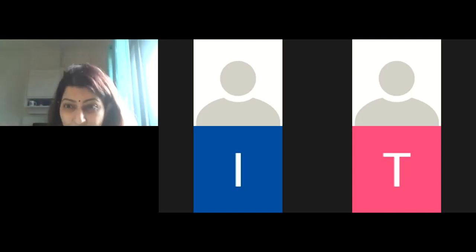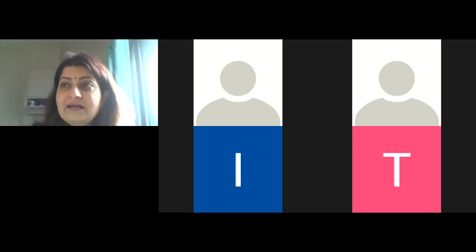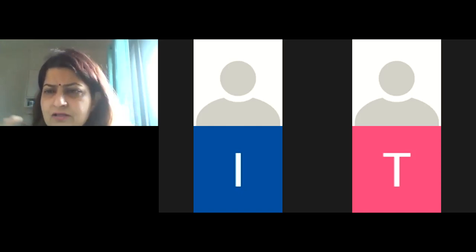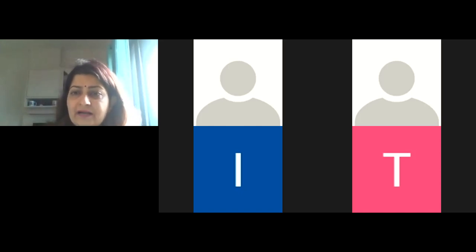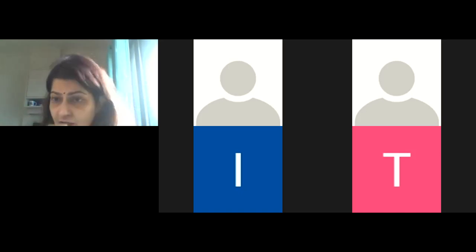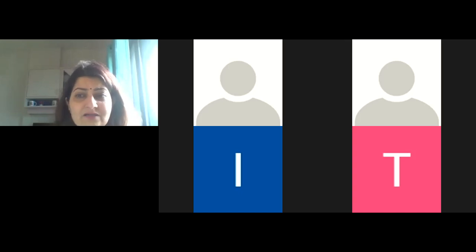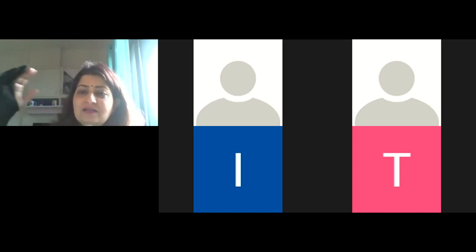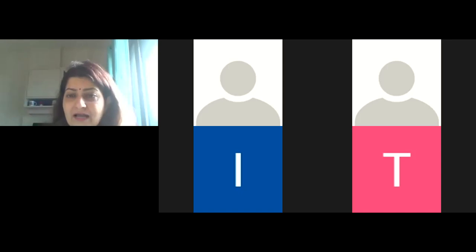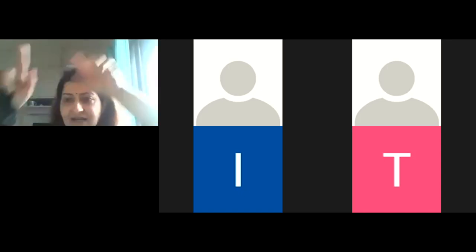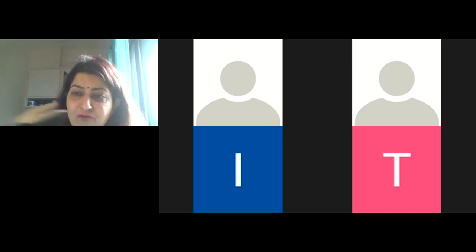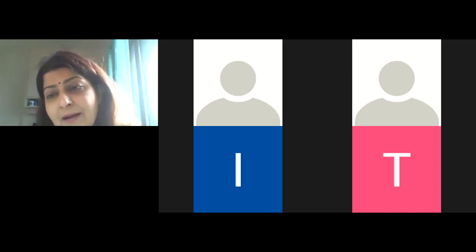In metallic conductor there is only loss and gain of electrons. In electrolytic conduction I'm using a salt, an ionic compound, and we know that an ionic compound dissociates in water, and thereby it forms positive ions and negative ions. The cations go to the cathode, the anions go to the anode, and because of this flow of the ions it generates an electrode potential which results in the passage of electric current.